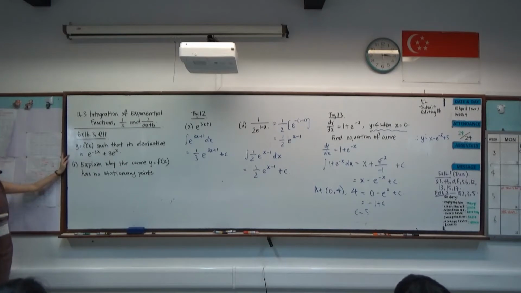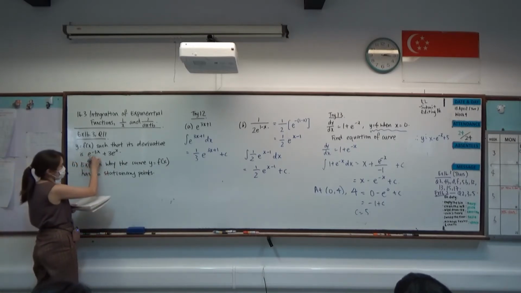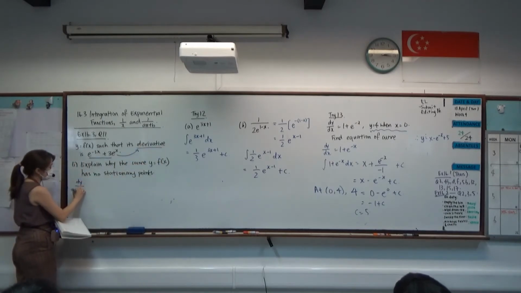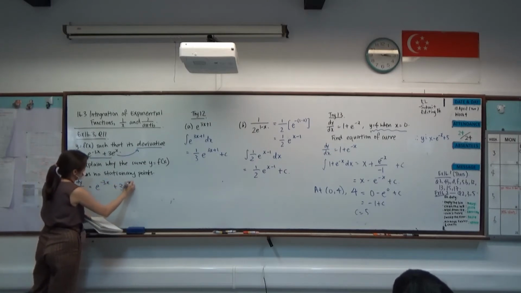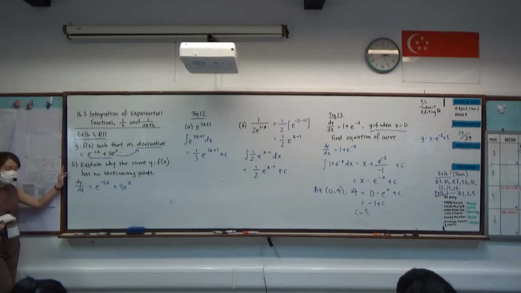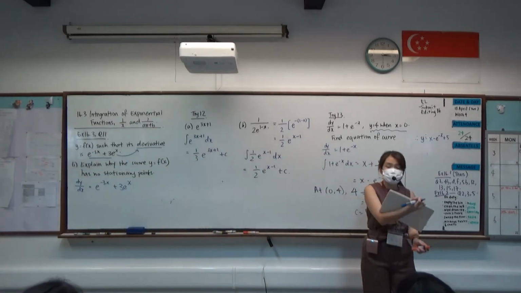With y equals to f(x) such that its derivative is e to the power of negative 3x plus 3e to the power of x. Take note that this is the derivative itself. This tells us that your dy over dx is in this expression. Part I wants us to explain why this curve has no stationary points. What is our understanding about having stationary points? What's the condition that must be fulfilled?